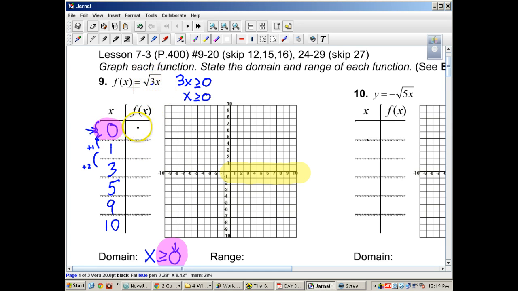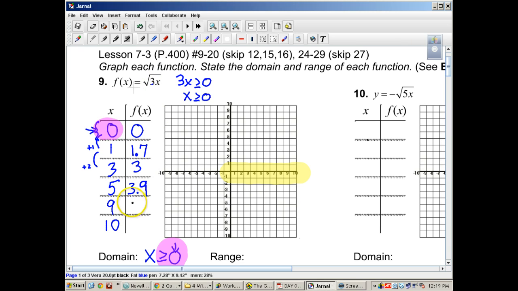Square root of 0 is 0. 1 times 3 is 3, square root of 3 is 1 point, okay, 1.7. 3 times 3 is 9, square root of 9 is 3. 5 times 3 is 15, square root of 15 is, let's see here, almost 4. 9 times 3 is square root of 27.